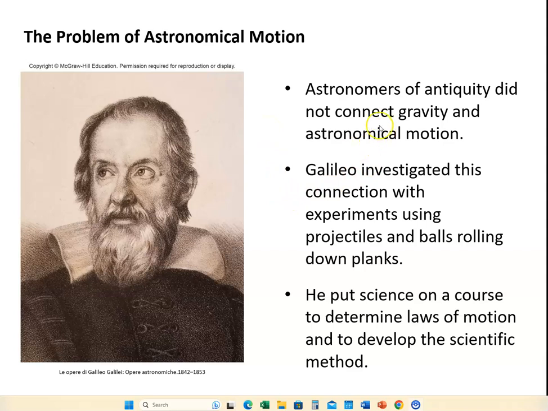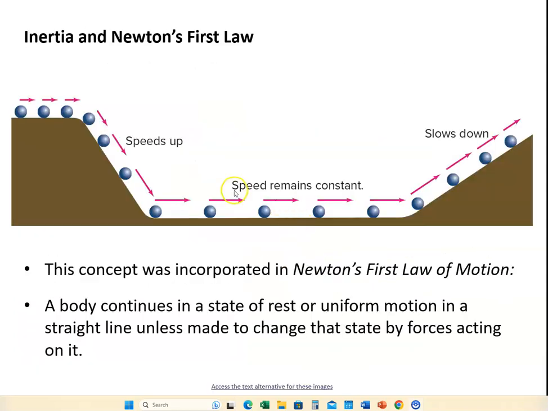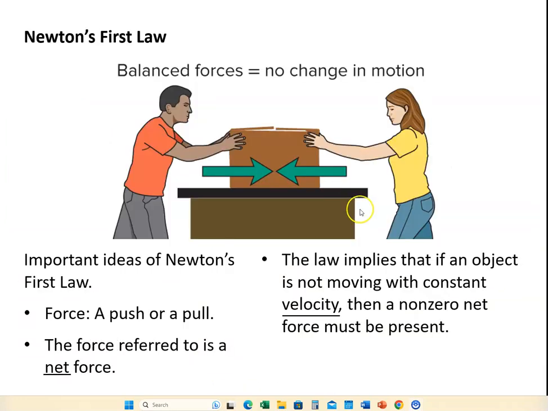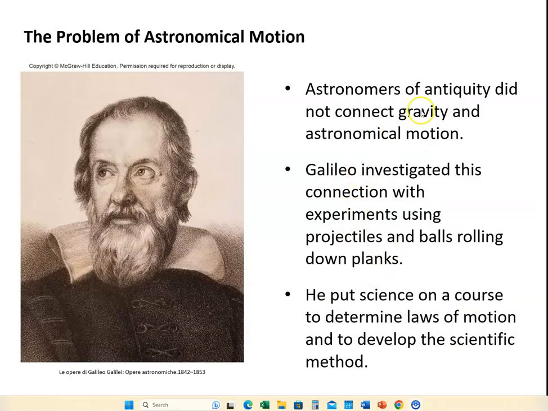But another thing that Galileo does is when he starts doing these experiments with projectiles, objects thrown into the air and then landing somewhere, and also a ball rolling down these wooden planks, very much like this. So Galileo's doing these experiments, and he realizes that gravity is what is responsible.